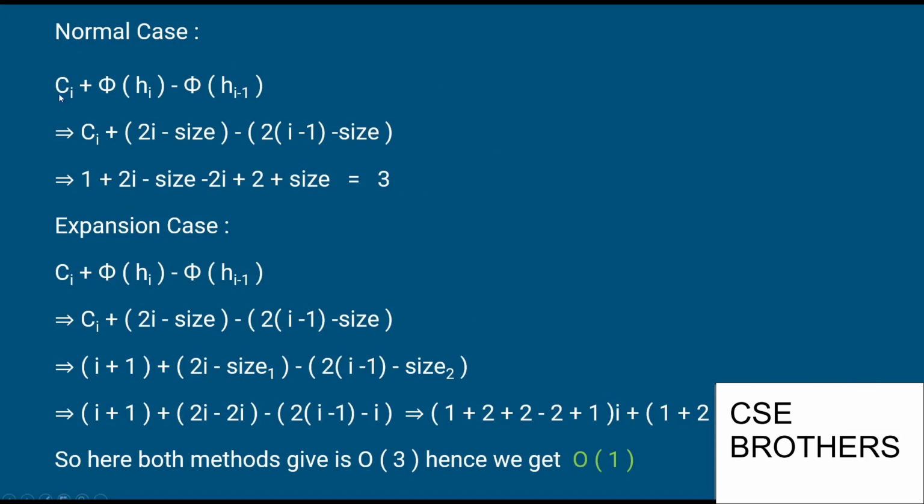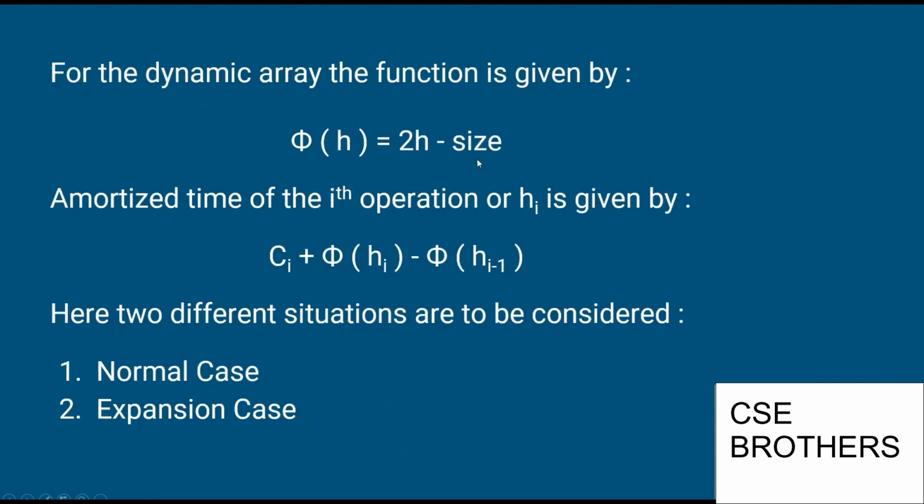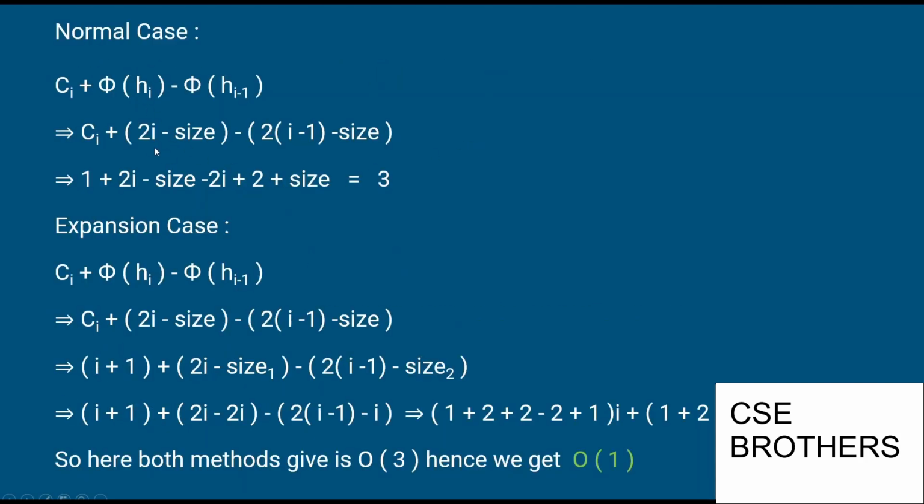Here, while we apply c of i plus phi of h of i minus phi of h of i minus 1, the c of i here will be 1, because the memory for insertion is already available. Here all we need to do is to replace phi of h of i with the equation given below, 2h minus the size. So here instead of h we have i.